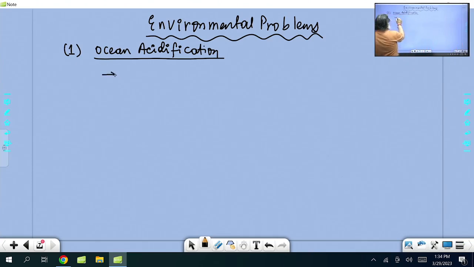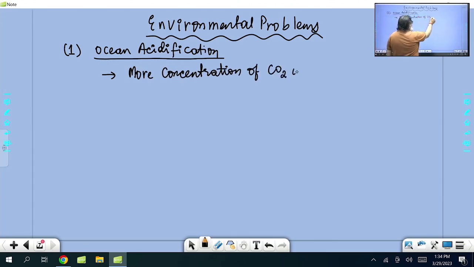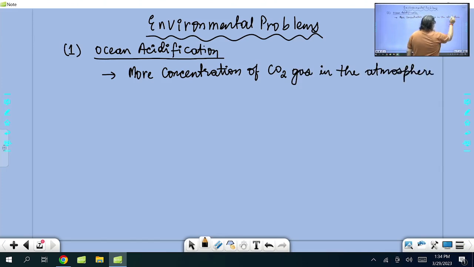First point is more concentration of CO2 gas in the atmosphere. And why is it happening? Because of burning of fossil fuel.